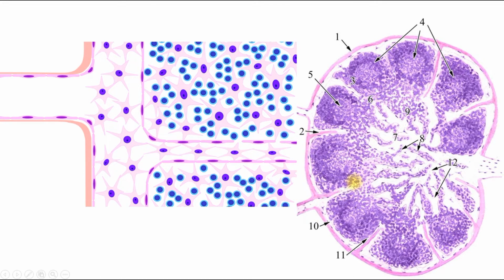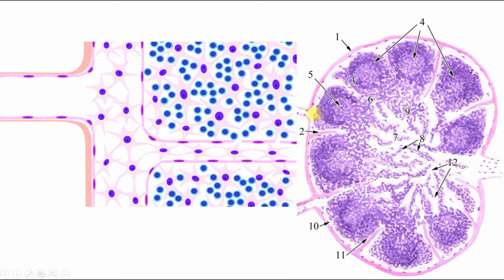Then between the lymphatic follicles we have cortical sinuses. Then lymph goes to the medullary sinuses, which are present between medullary cords, and then lymph goes to the portal sinus, and from the portal sinus it goes to the efferent lymph vessels. So it's the way of filtration of lymph in the lymph node. Lymph comes here via afferent lymph vessels.